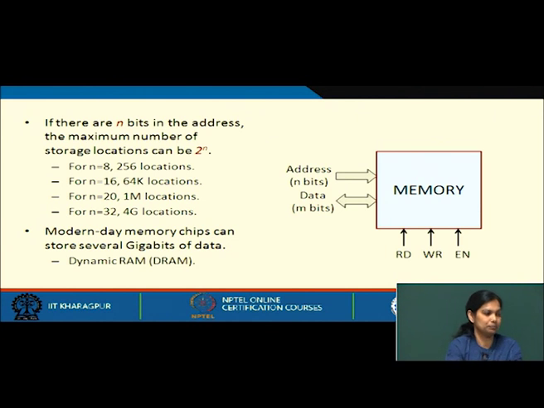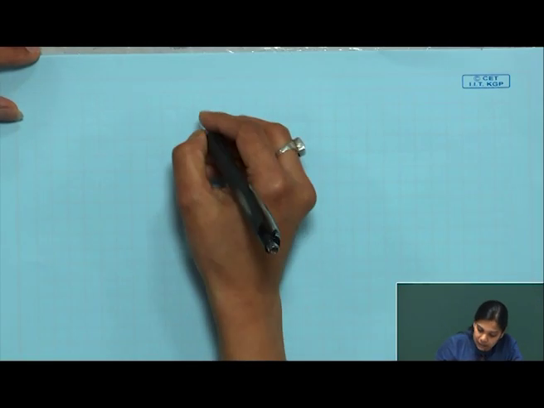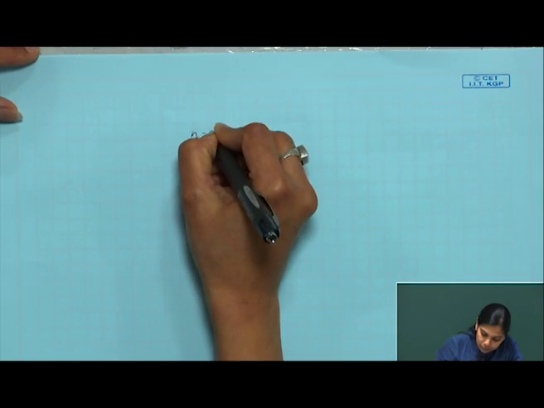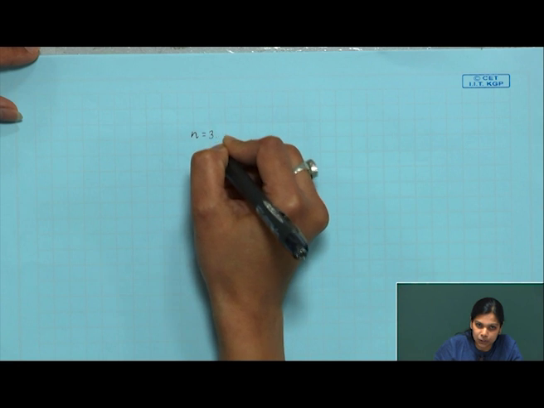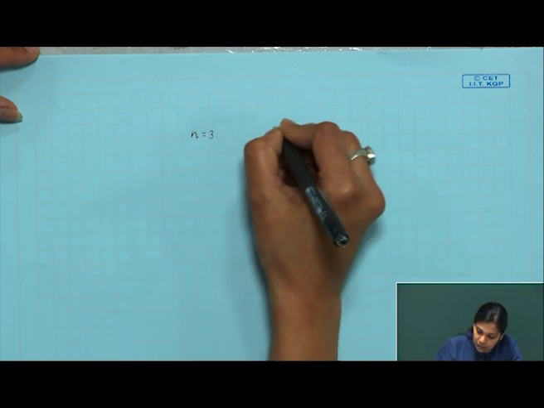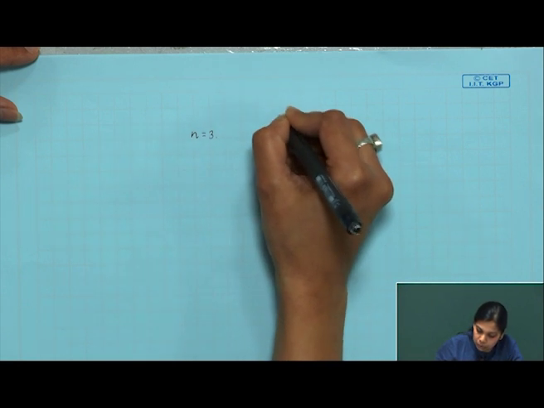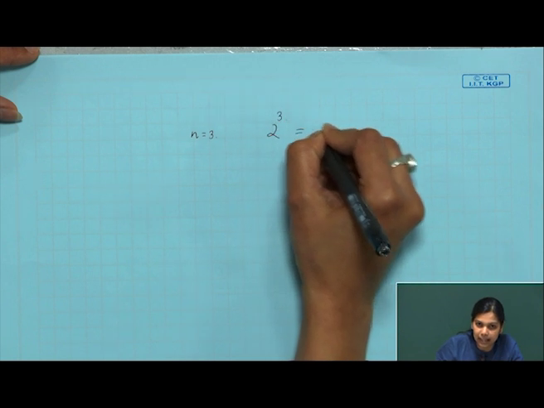Now, if there are n bits in an address, the maximum number of storage locations that can be accessed is 2 to the power n. Let us see this with a small example. We will take n equals 3. For n equals 3, how many locations can we access? 2 to the power 3, that is 8 locations.